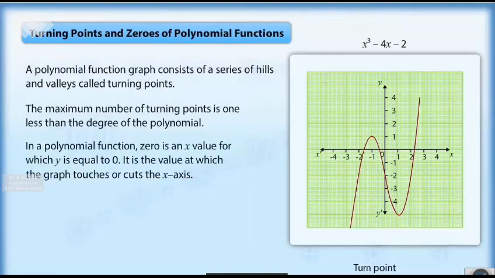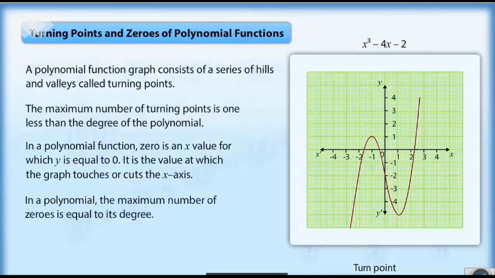In a polynomial function, 0 is an x value for which y = 0. It is the value at which the graph touches or cuts the x-axis. In a polynomial, the maximum number of zeros is equal to its degree.